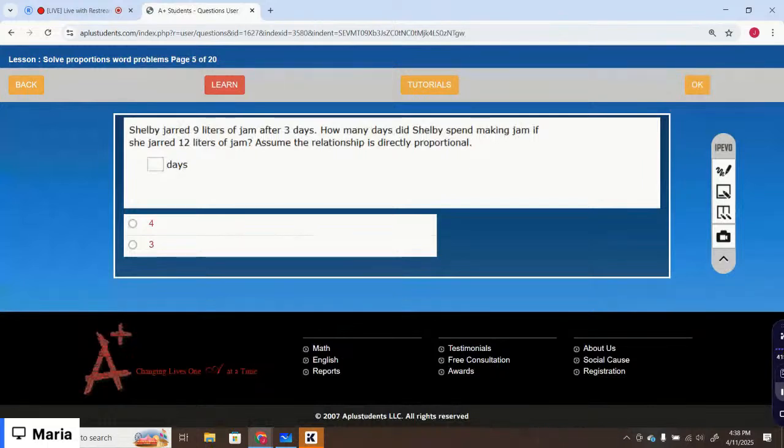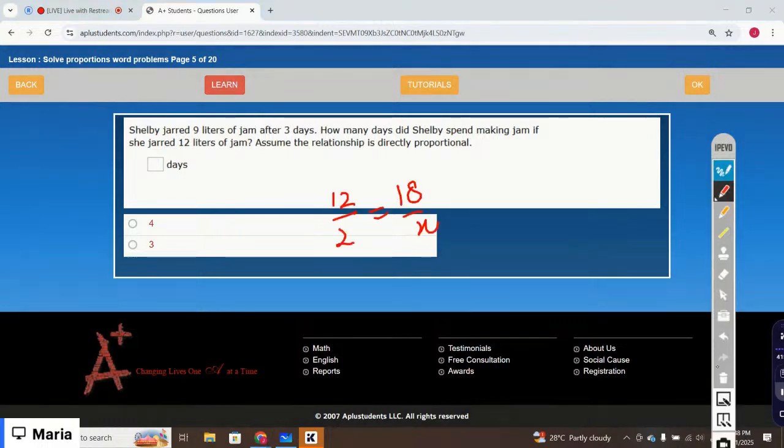Shelby jarred 9 liters of jam after 3 days. How many days did Shelby spend making jam if she jarred 12 liters of jam? Assume the relationship is directly proportional. So she jarred 9 liters of jam in 3 days.